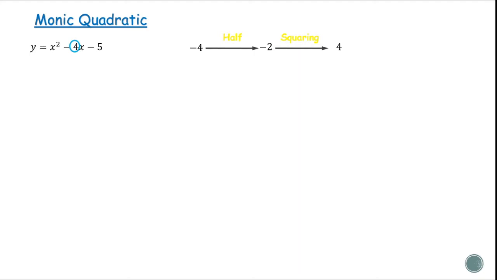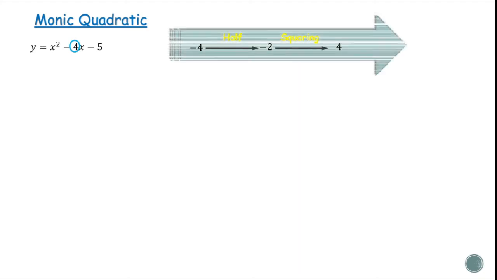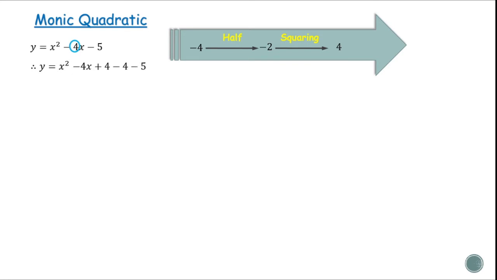Now this 4 will be written as the last term in the equation here. Let's see how it is written here. And of course, when you add something in the equation, it has to be subtracted at the same time to balance it. And minus 5 will be written as it is.